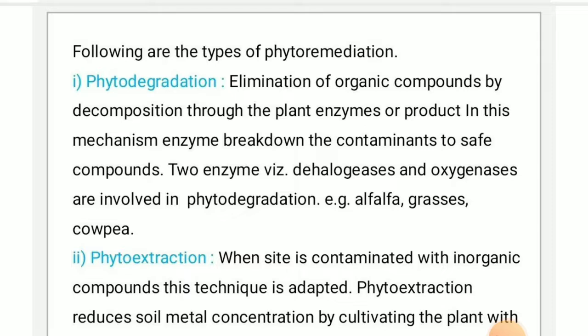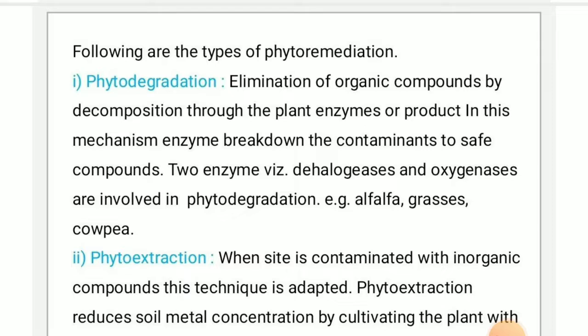Now, the basic principle of phytodegradation is that the enzymes released by the plant, which has been planted in the contaminated site, the contaminated groundwater or the contaminated river water bodies, can directly degrade the hazardous chemical substances or pollutants released from the industry or the municipal waste.